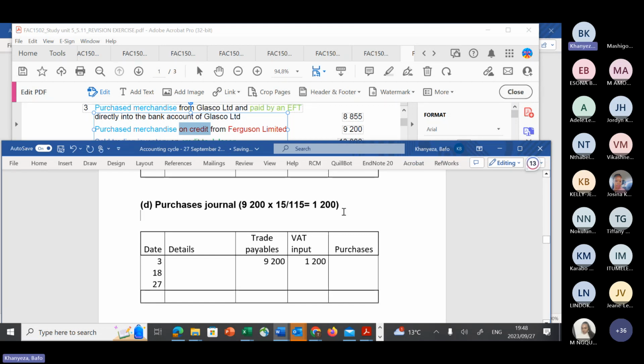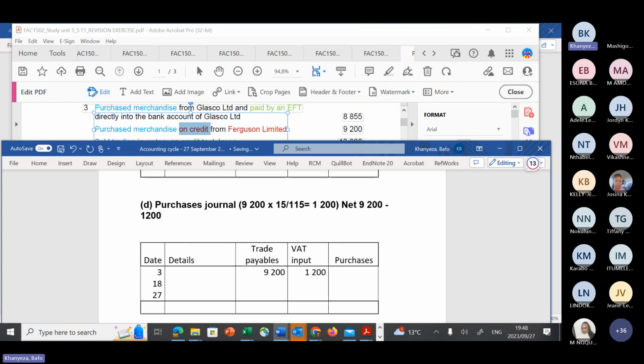Then you have to determine the net of VAT. The net is going to be 9,200 minus 1,200.